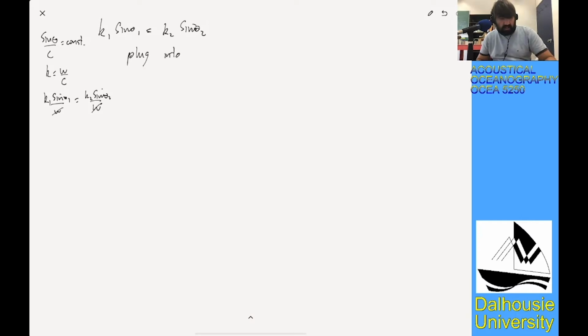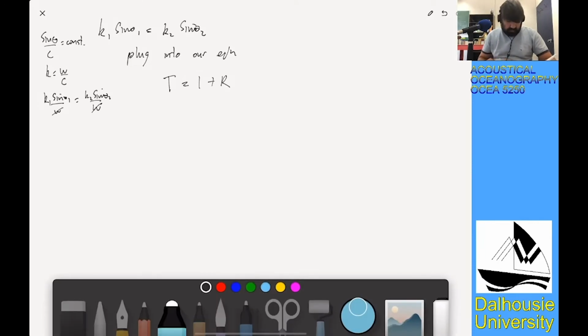Plug into our equation. And what do we get? Well, very simple. We get T equals 1 plus R. Wow. So what does this look like to you? What are we really saying with this equation?